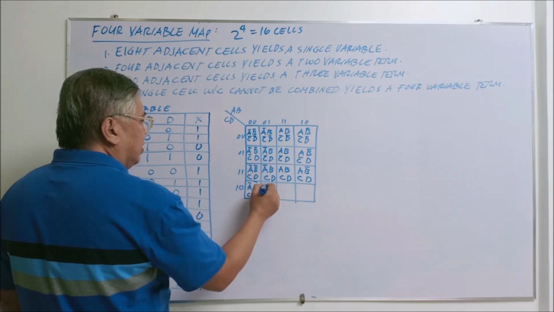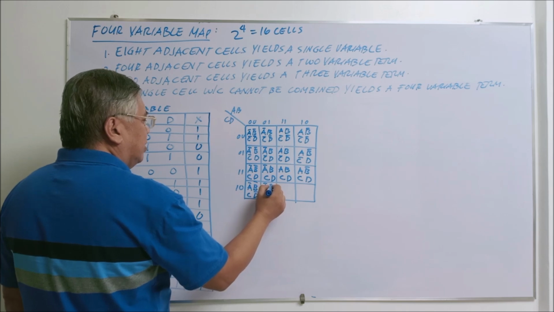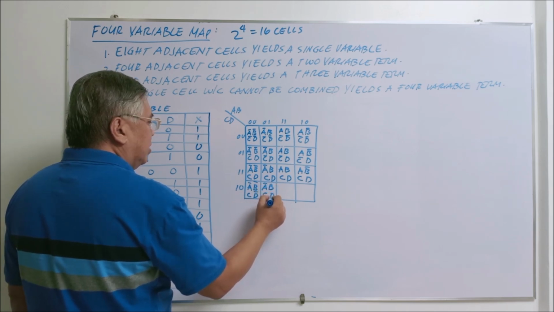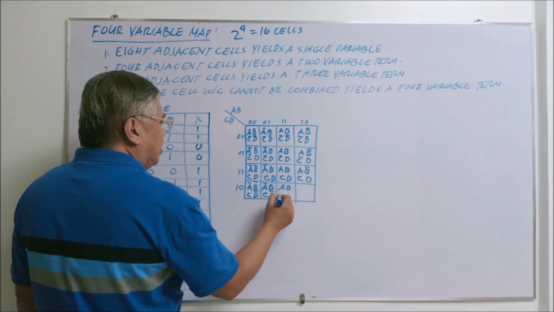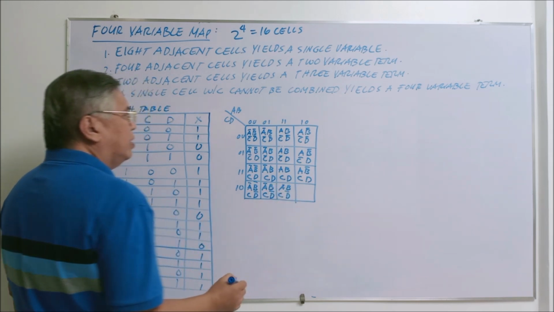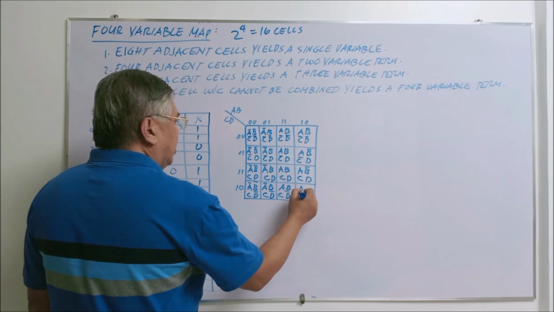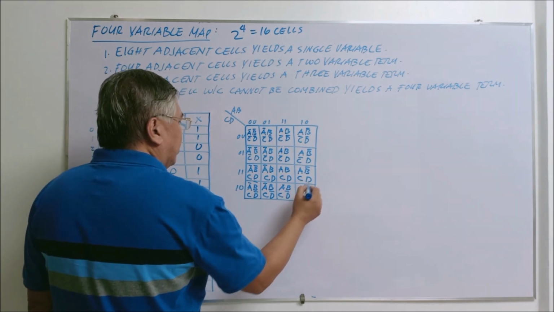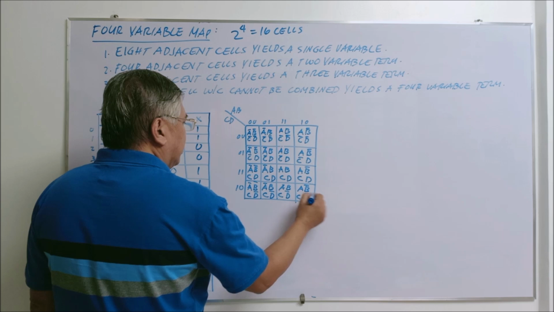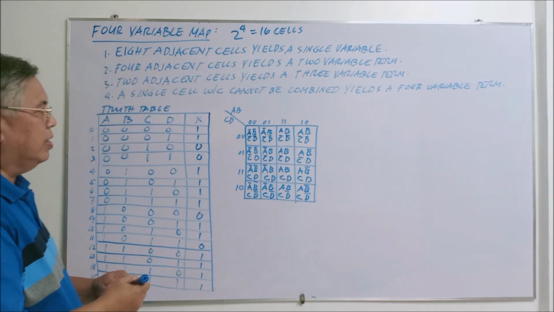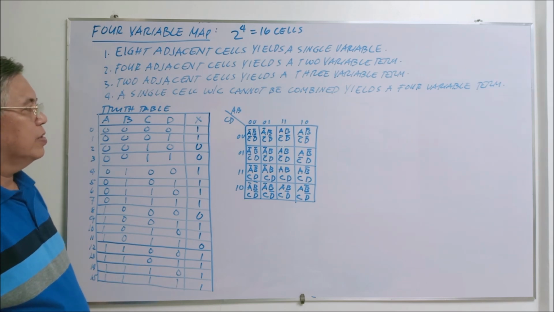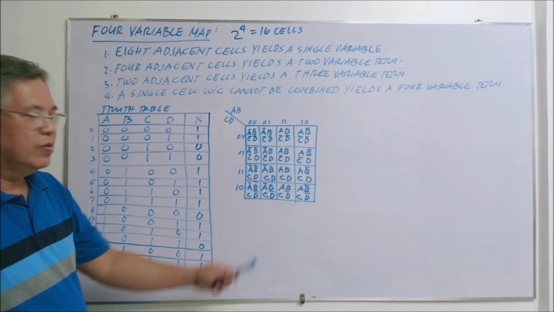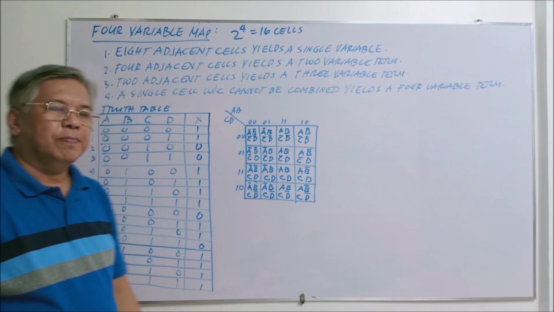Then A bar, B, C, D bar. Then A, B, C, D bar. Then A, B bar, C, D bar. Okay? So this will be our product or sum of product expression, or map equivalent.